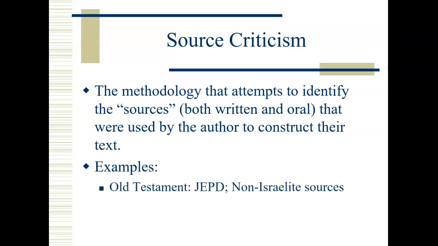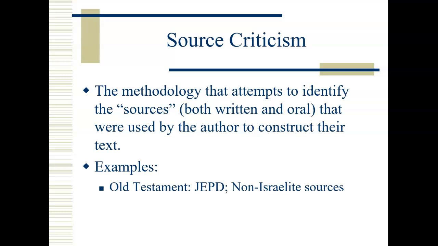So here are some examples. In the Old Testament, many people recognize or acknowledge the idea of JEPD. These letters stand for different sources that were available to the author of the Pentateuch that they used to construct different portions of the first 5 books of the Old Testament.